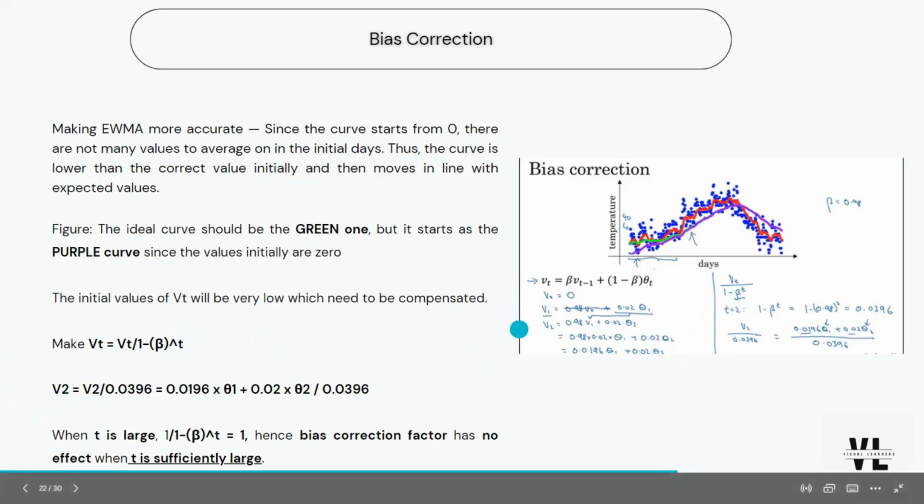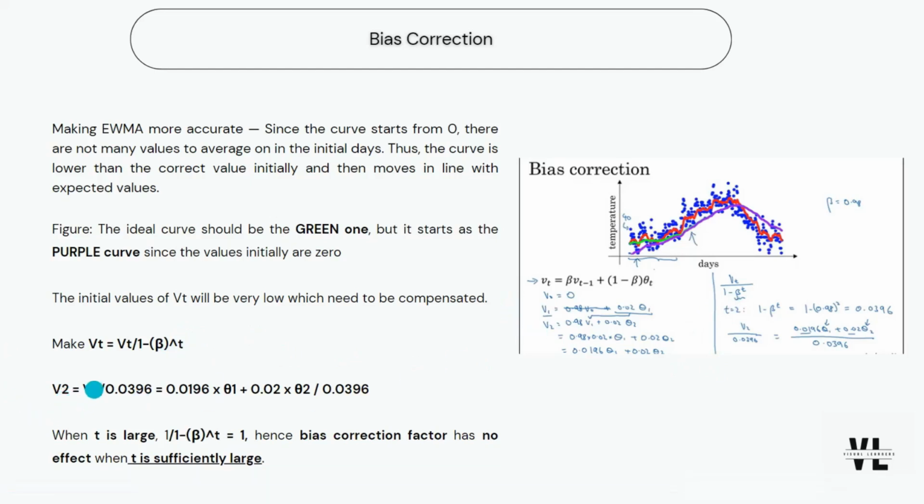For example, after computing V2 by using the previous formula, which is beta V1 plus 1 minus beta theta 2, we have to divide it again by 1 minus beta to the power of t. V2 must be divided by this value.